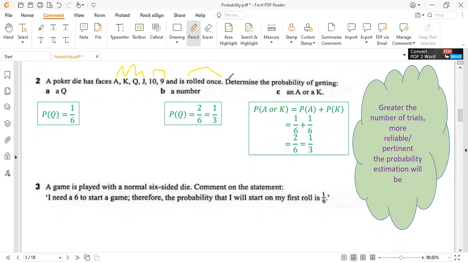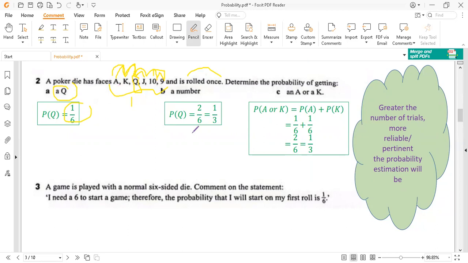So determine the probability of getting a K. One K, so normally it is 1 over 6, because these faces are different. So normally the probability of having one of these faces is equally likely for the others.